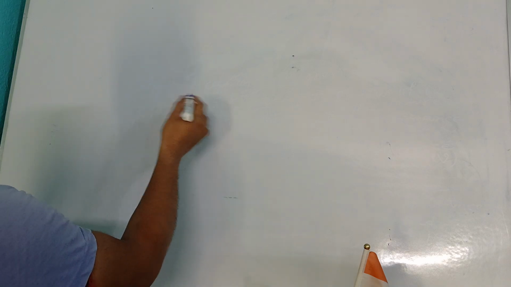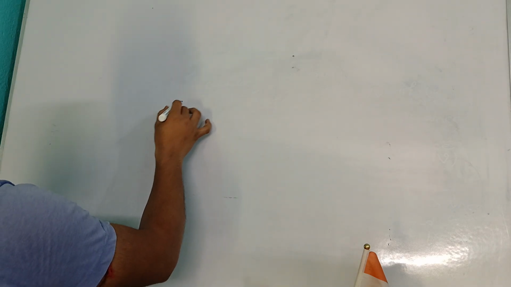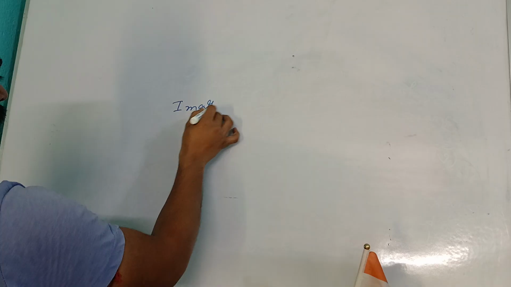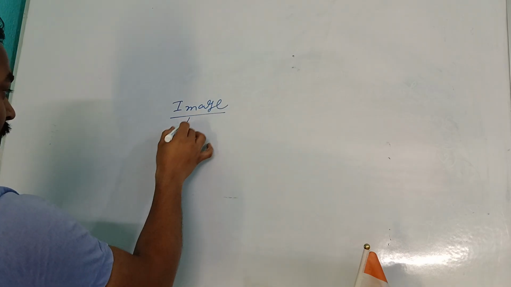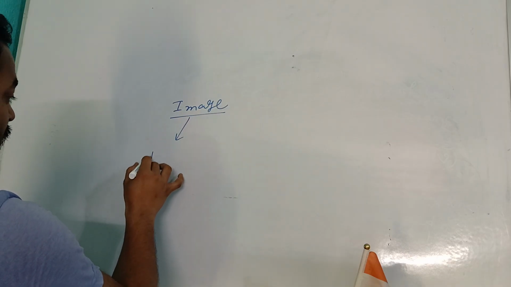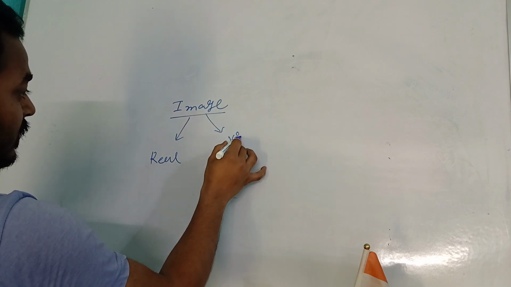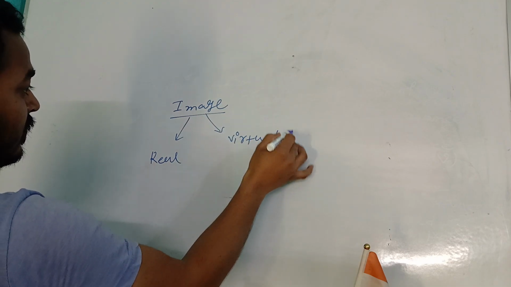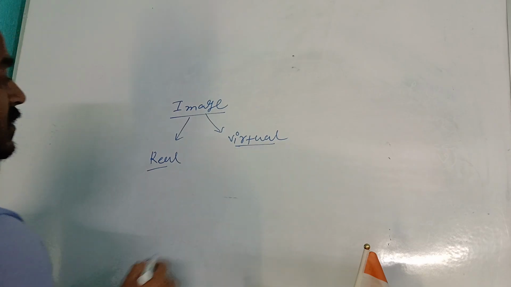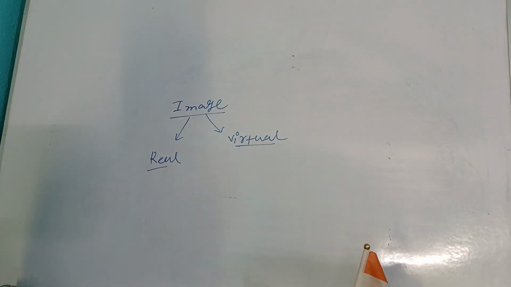Okay, next, another concept. It is what? Image. So we have two types of image. One is real, another one is virtual. So real image means what?